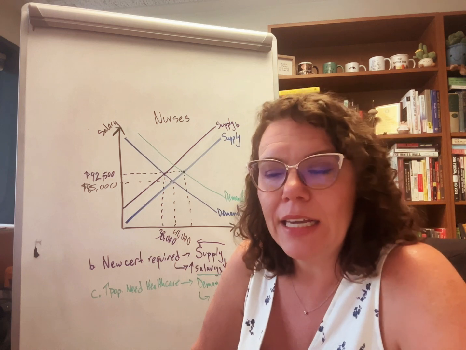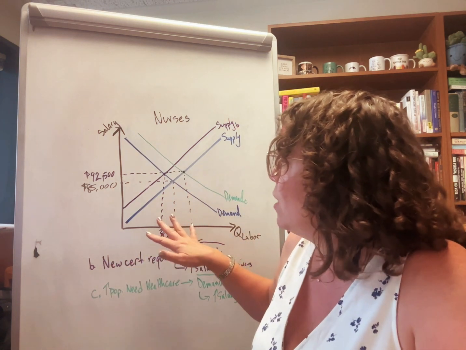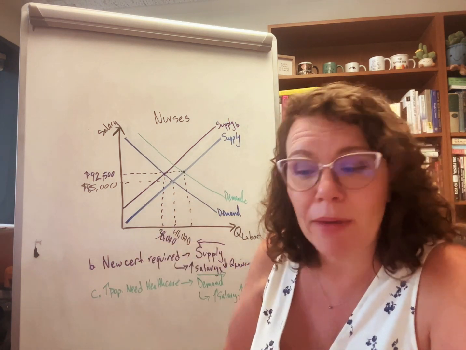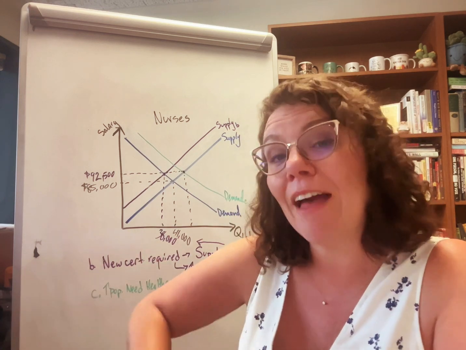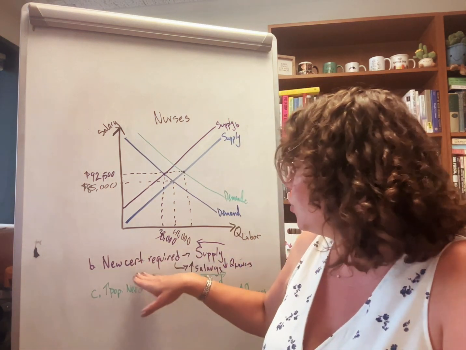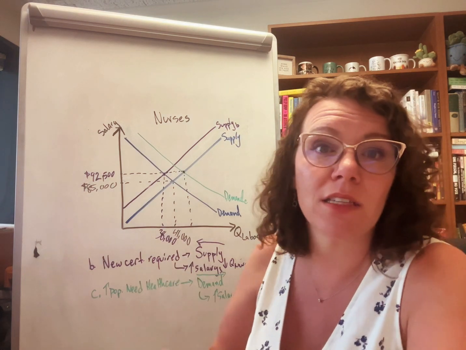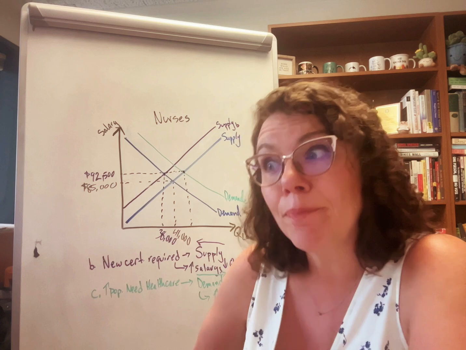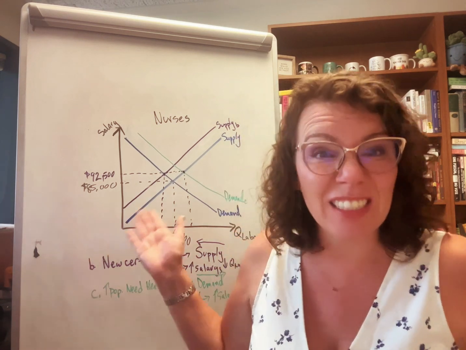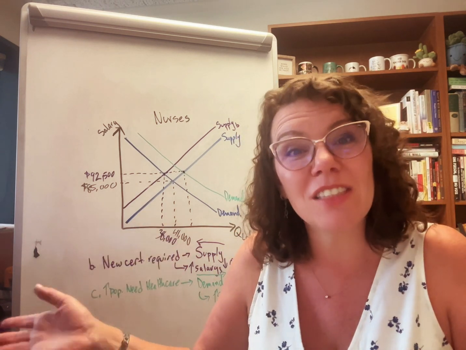And the whole idea is we model things this way so that economists can say to a policymaker, hey, I know you want to do this thing, but when you do, it's going to have this effect. You want to increase certification for nurses because we're worried about healthcare outcomes, but just so you know, it's going to make healthcare costs more expensive because we're going to see fewer people supply their labor to nursing.